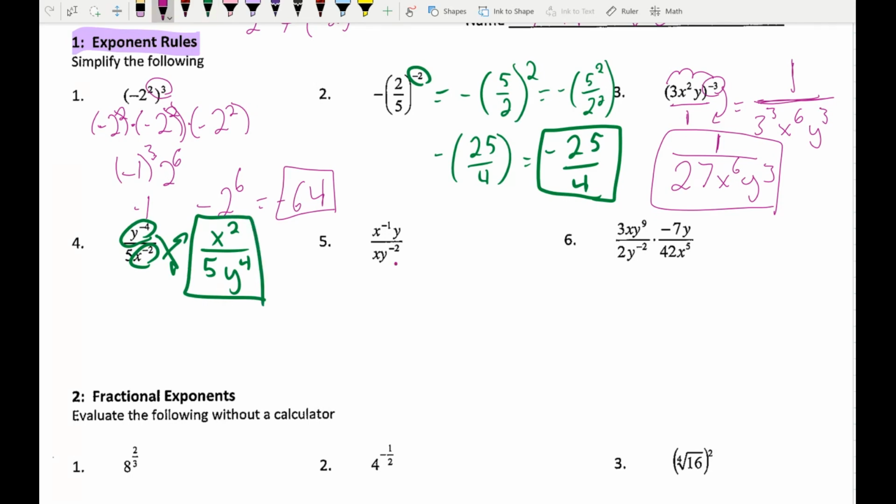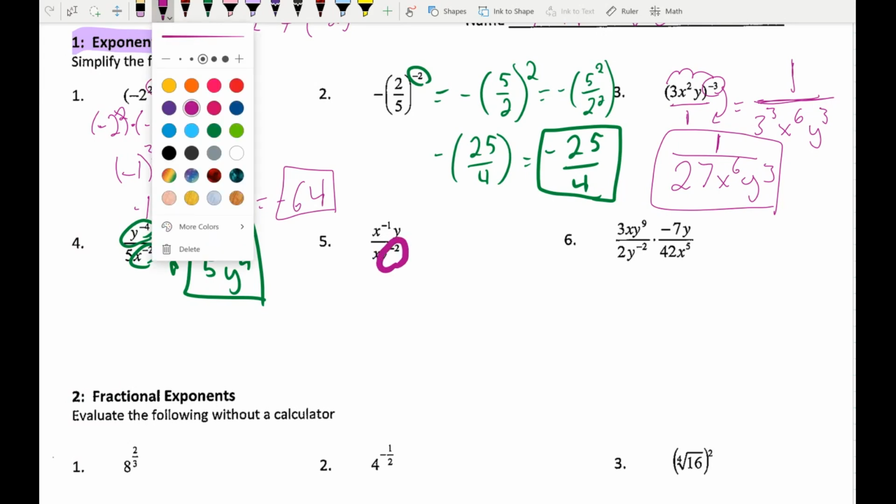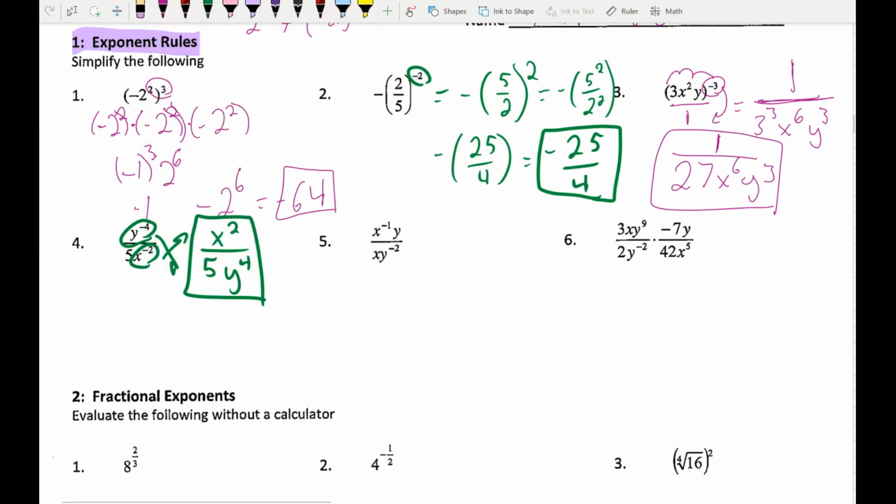Number 5, again, we're going to look at what has the negative on it, which is just this y to the negative 2. And then we have an x to the negative 1. But I want you to notice we also have other x's and y's. So first thing I'm going to do is put those on the top and bottom like they'd fit.